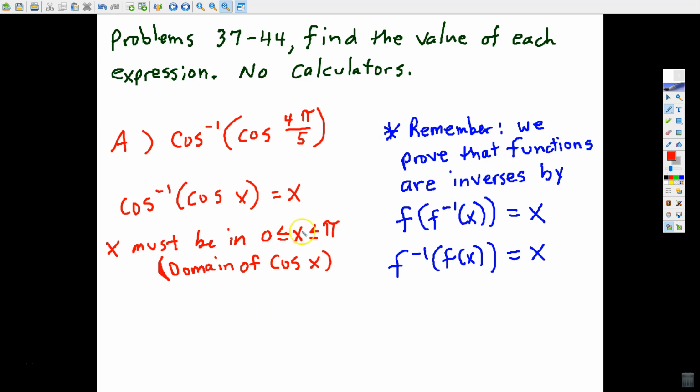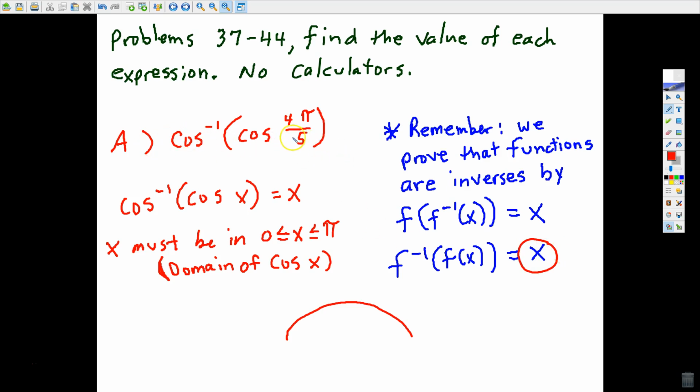And so x, to represent the top half, has to be between 0 and pi. As long as that number is in this area between 0 and pi, then the answer is that number. So it's going to be pretty simple.